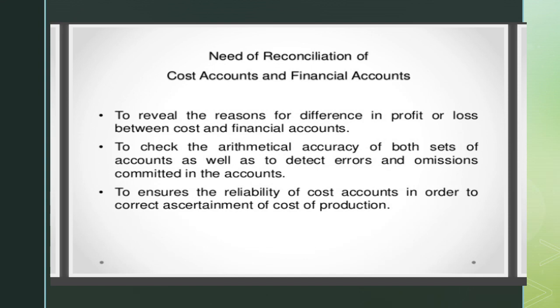The need for reconciliation arises due to the following reasons. Reconciliation reveals the reason for difference in profit or loss between cost and financial accounts. It also helps in checking the arithmetic accuracy of the costing data.